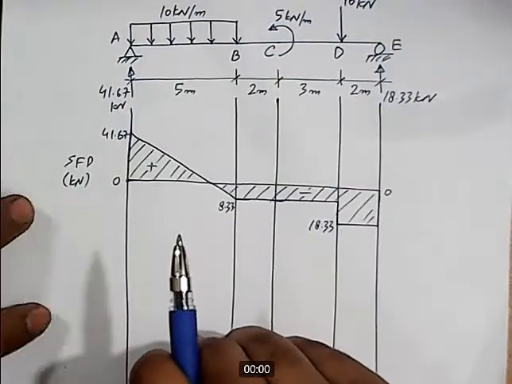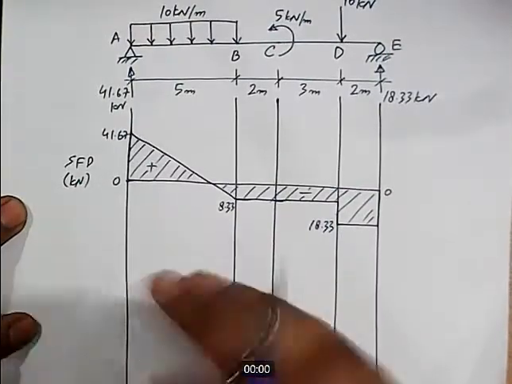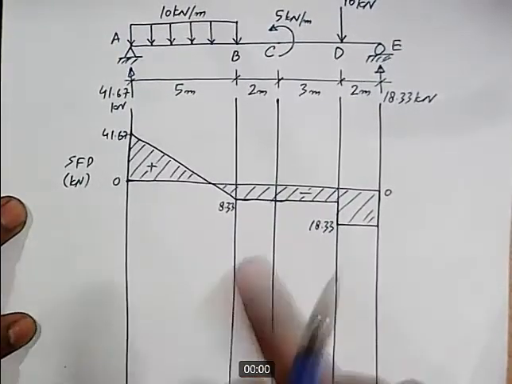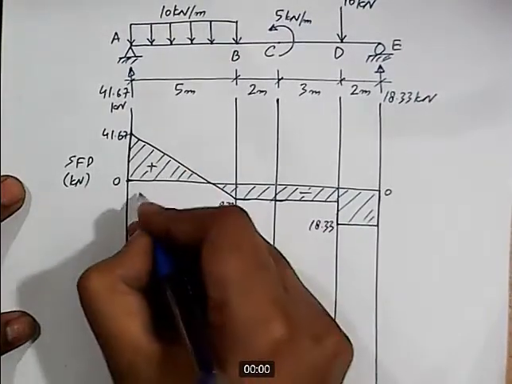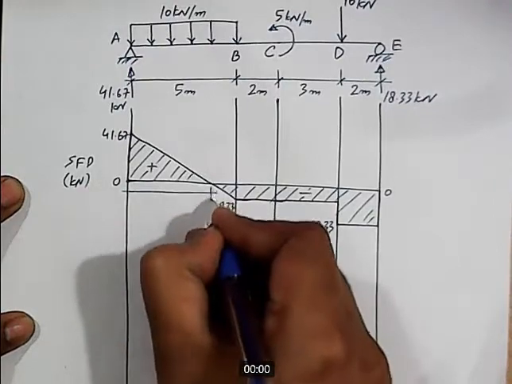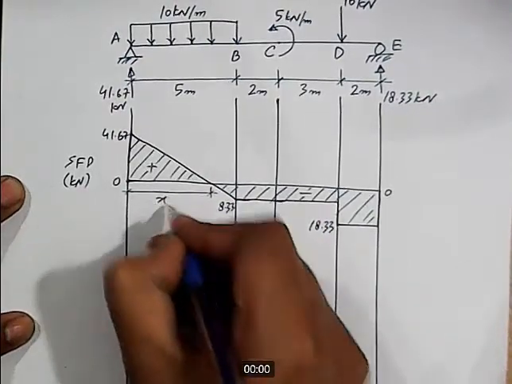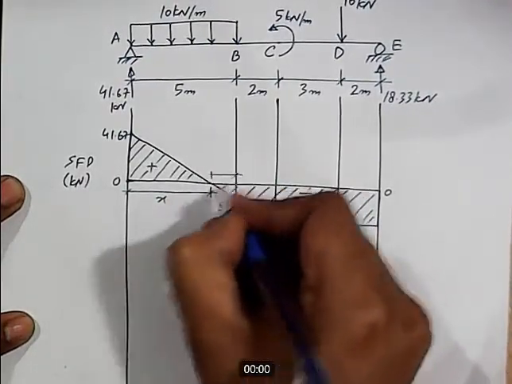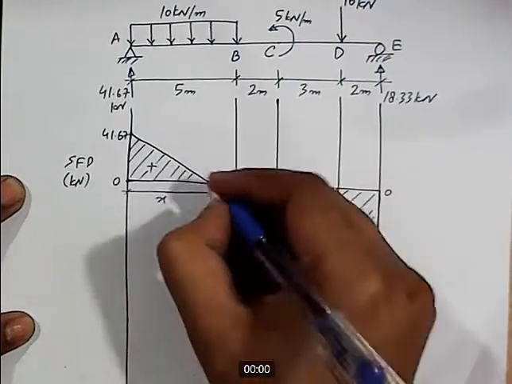So I think comparing the similar triangles would be a simpler option, so we will follow that approach in this case. So we can assume this distance to be x, then this distance is 5 minus x.